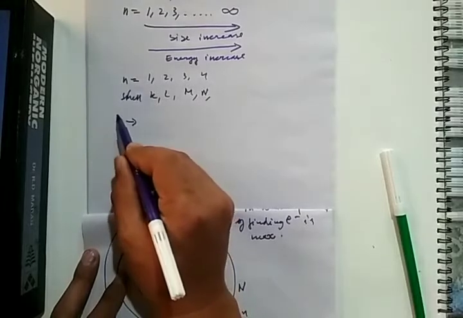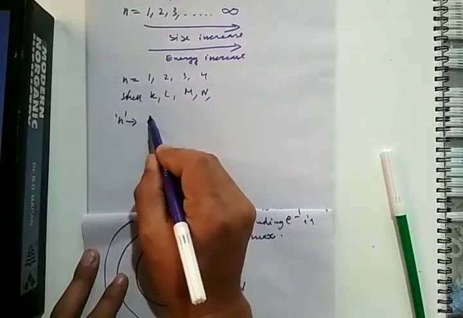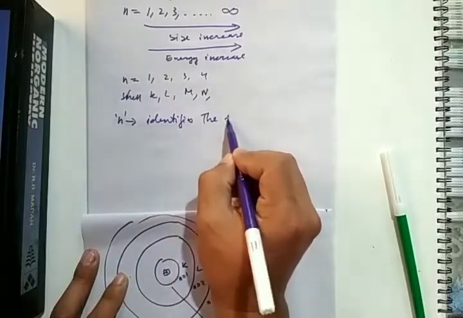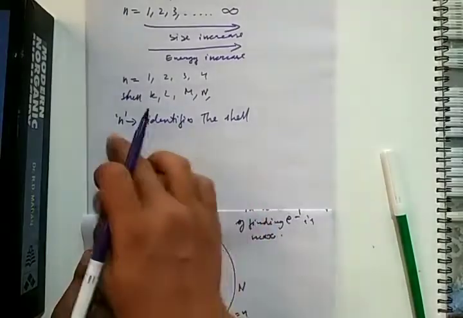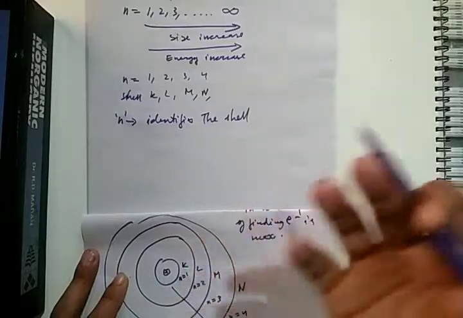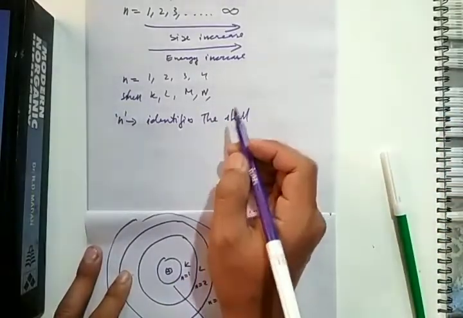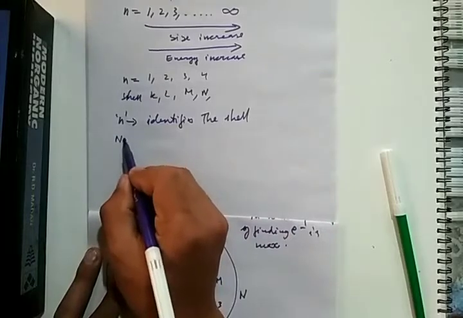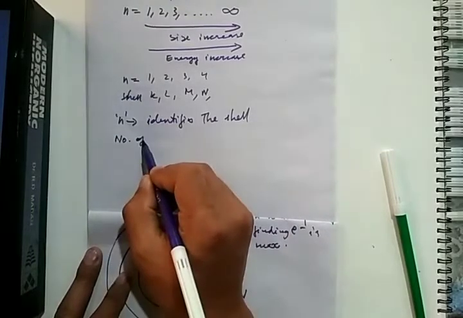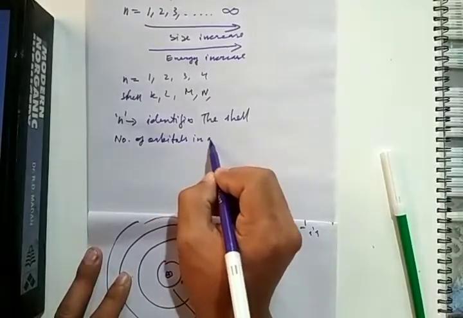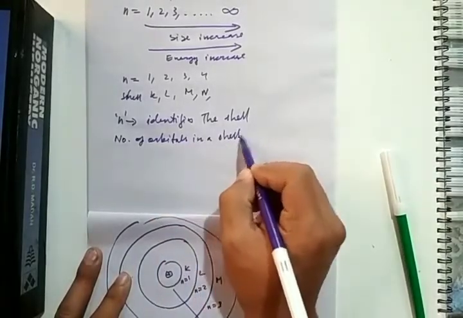So this n identifies the shell in which the electron is present. Let's see one more thing, the number of orbitals in a shell.